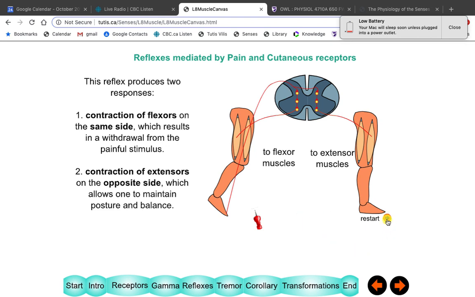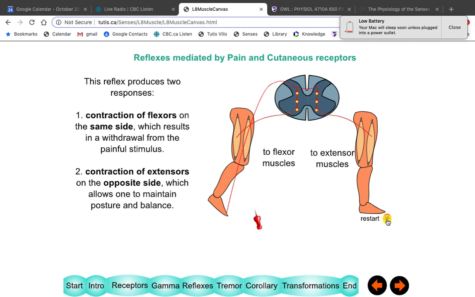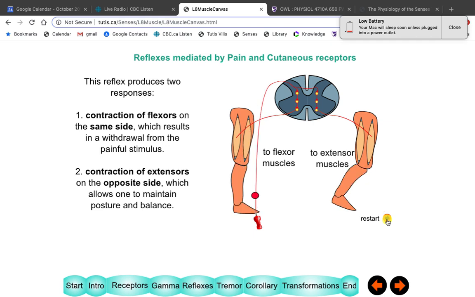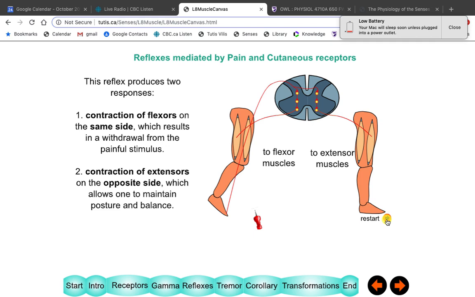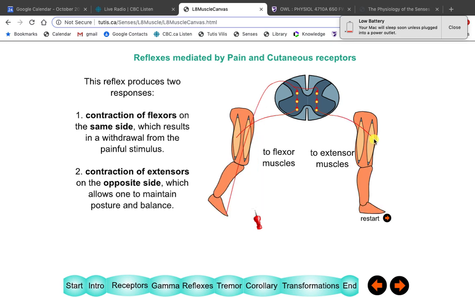So when you step on something sharp, you see that this muscle contracts, which lifts the leg from that sharp object. At the same time, you can see that the reflex goes over to the other side, extending this leg and keeping you stable.